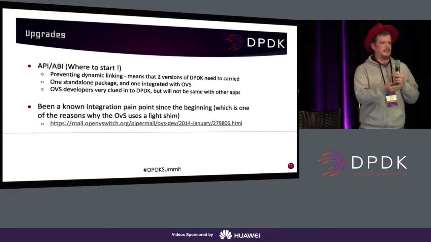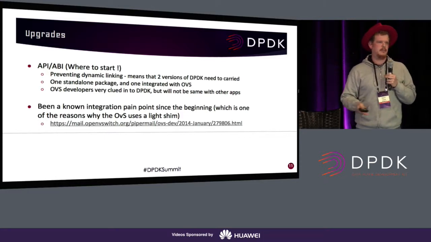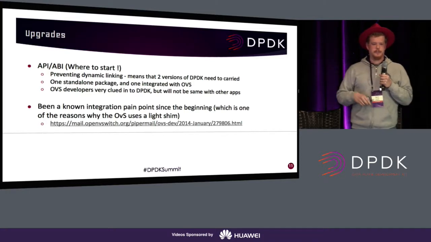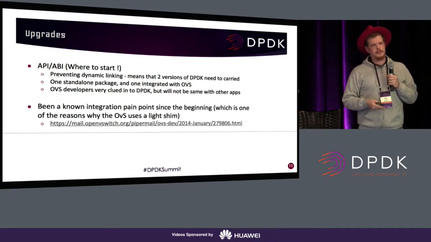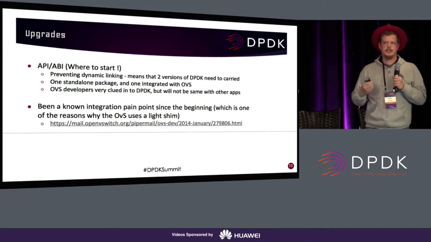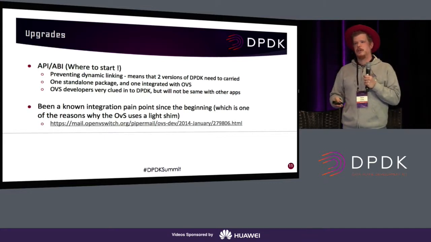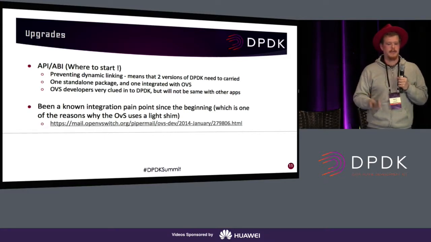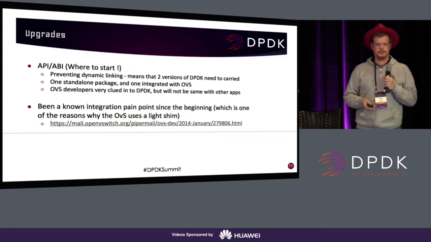Plus, we'll have to carry the standalone DPDK package for anyone doing app development. OVS developers are clued into DPDK, but that's not a guarantee that other apps will be. And we're trying to say they should be. You really have to follow the development.